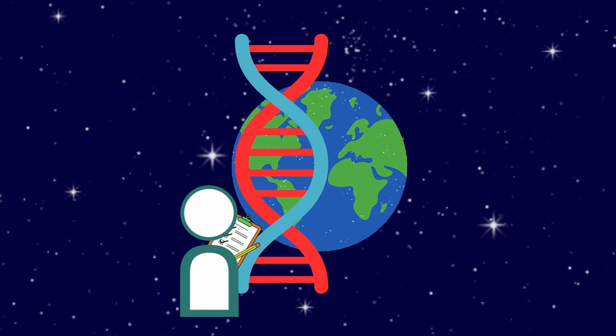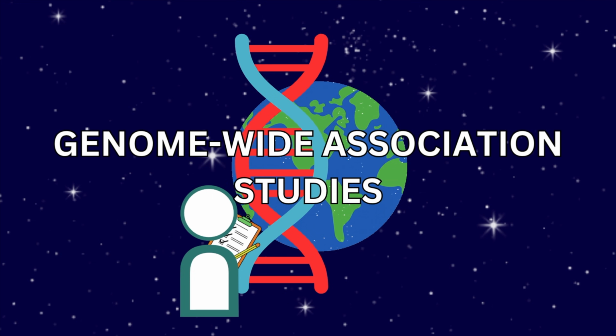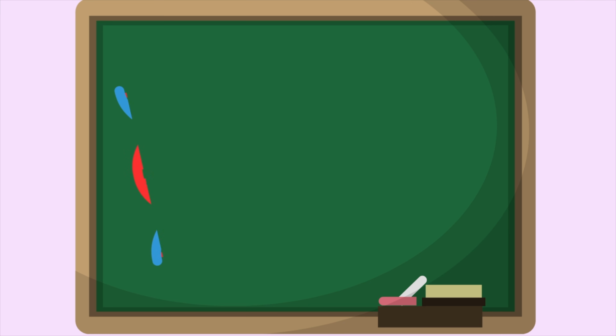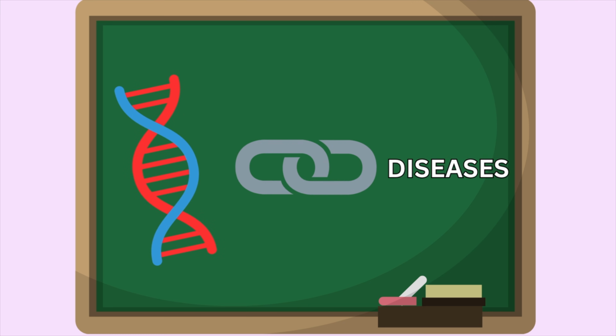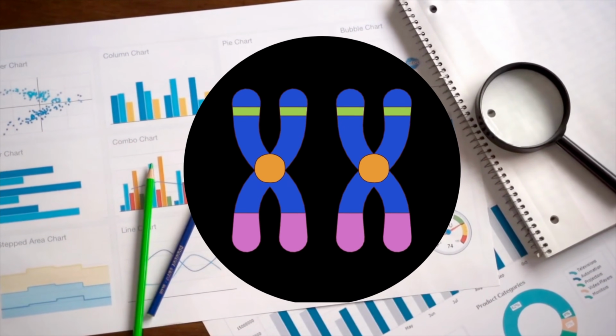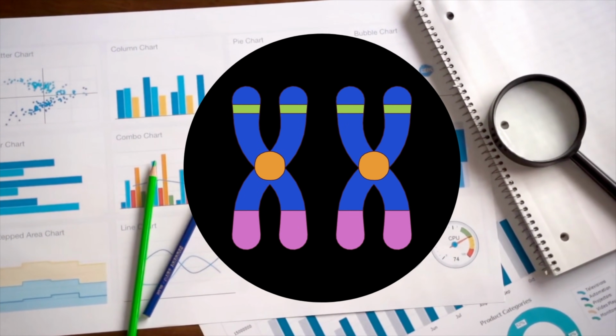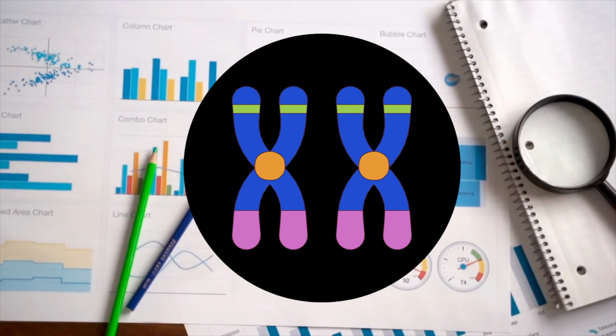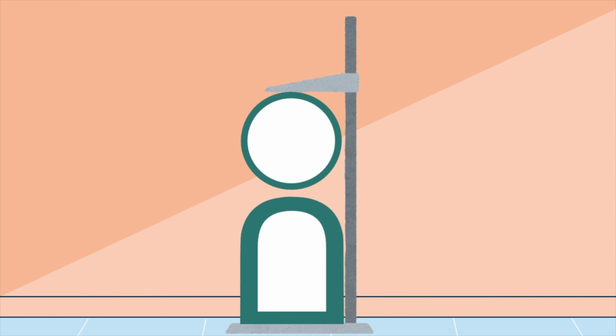Researchers began conducting large genome-wide association studies, sometimes known as GWAS, to link specific DNA variants to diseases such as diabetes and schizophrenia. We use statistics to estimate inherited traits, but even when we account for genetics, there is still a big gap. Take height, for example.